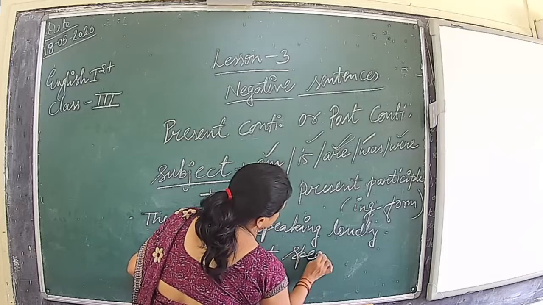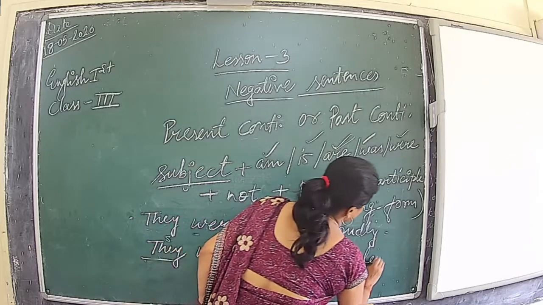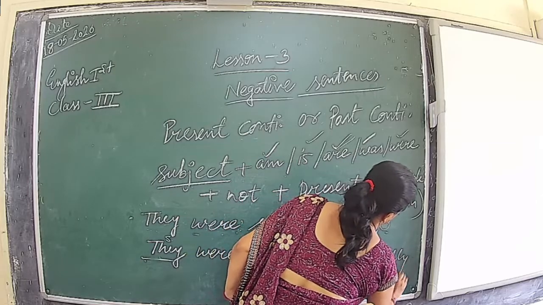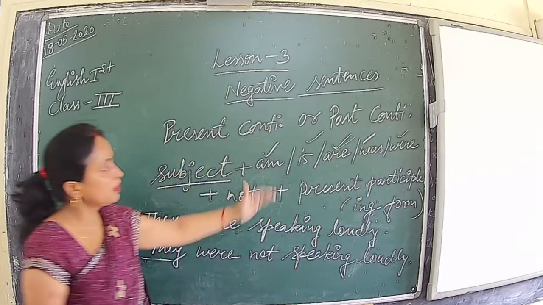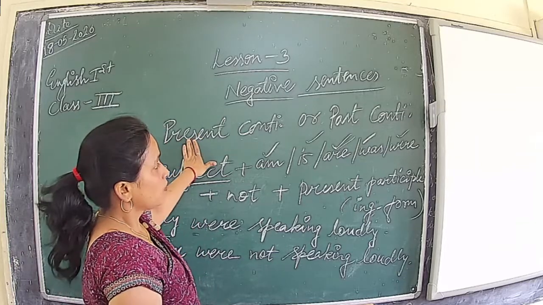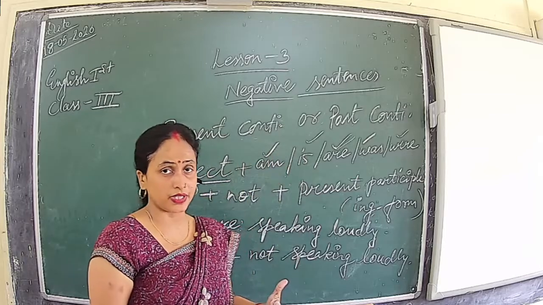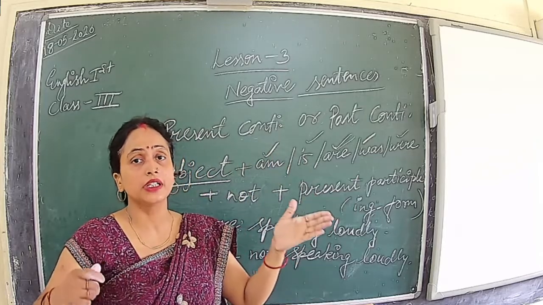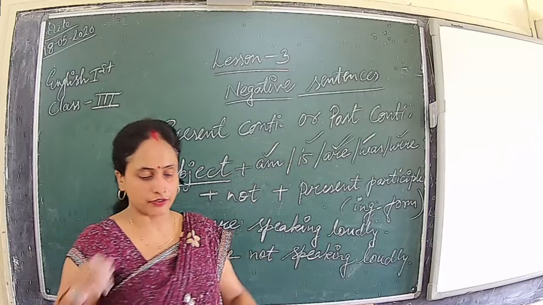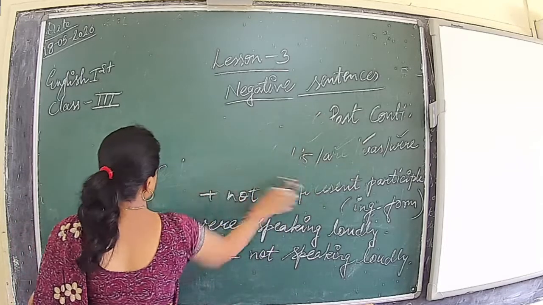Speaking loudly. Now, I think all examples are clear to you. So what we have learned in the present continuous or the past continuous is how we change this form into the negative. Okay? Now it is clear? Now we will see some other examples.